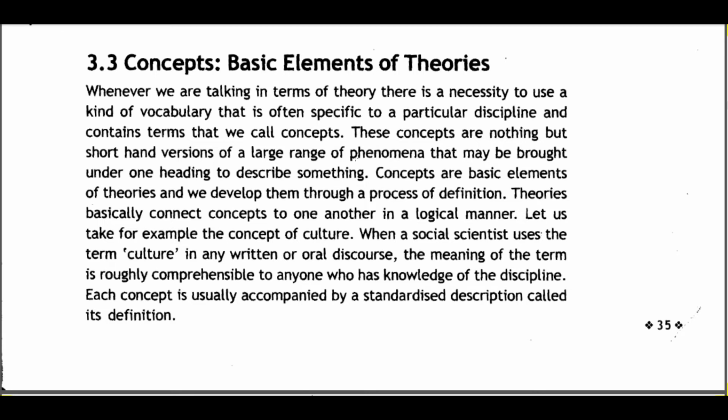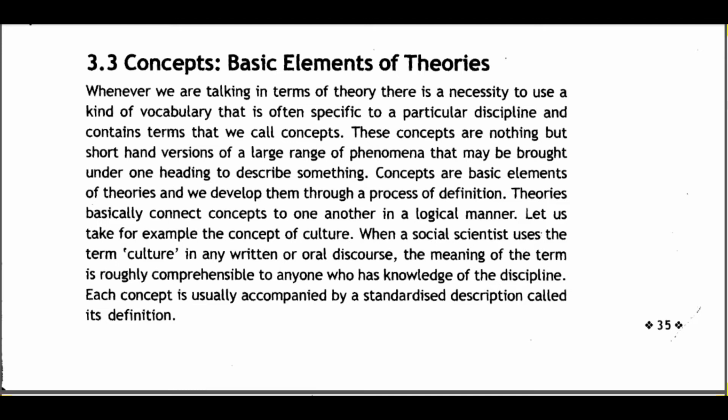These concepts are nothing but shorthand versions of a large range of phenomena that may be brought under one heading to describe something. Concepts are basic elements of theories and we develop them through a process of definition. Theories basically connect concepts to one another in a logical manner. Let us take for example the concept of culture.